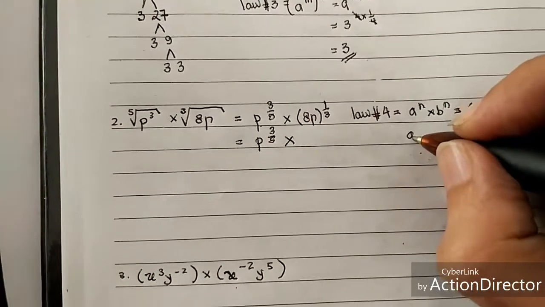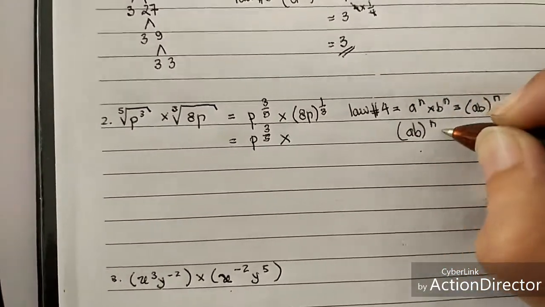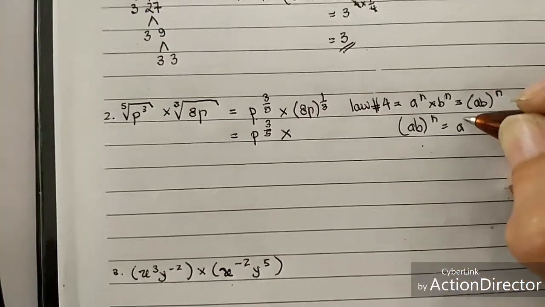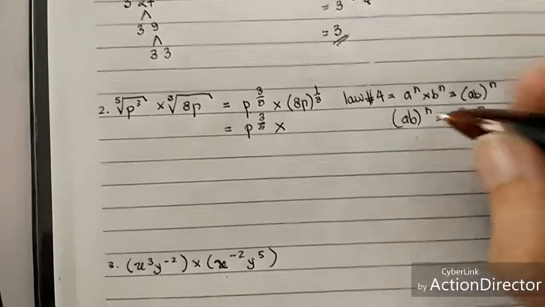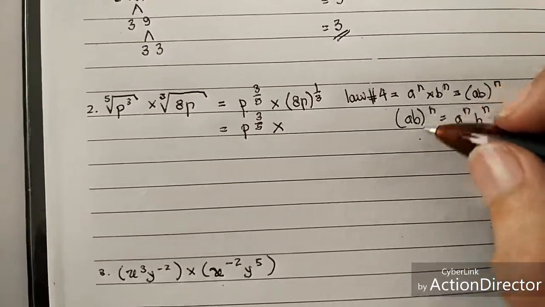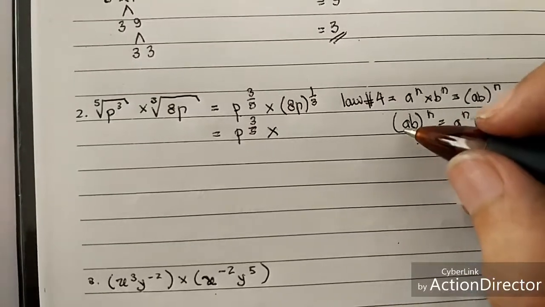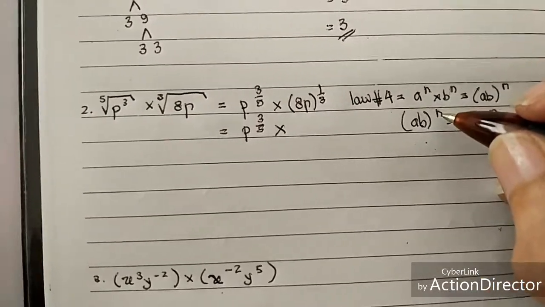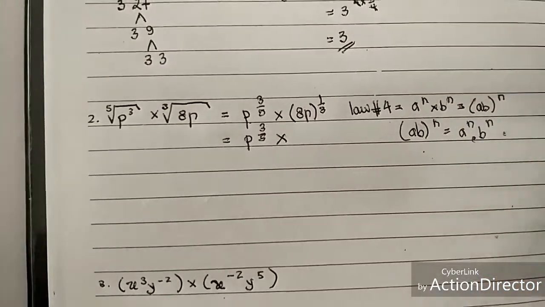Or I can also say ab in bracket to the power of n is equal to a to the power of n times b to the power of n. Correct? So if the elements here are multiplied in bracket and powered by an index, it means all the indices of these elements should be multiplied by the n.